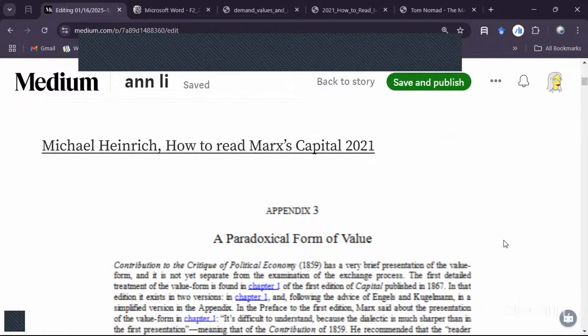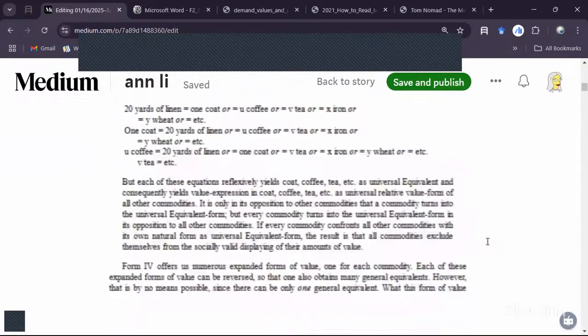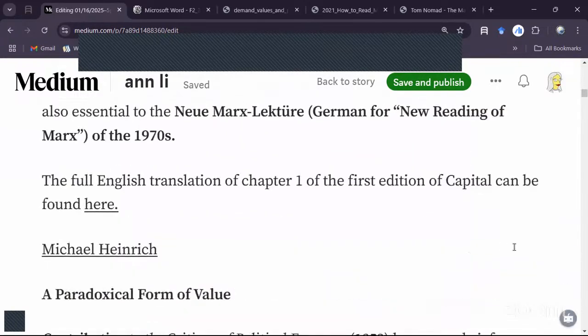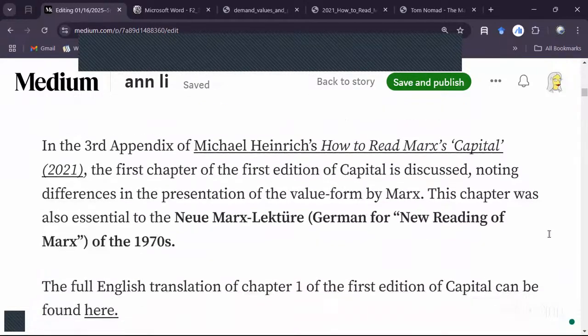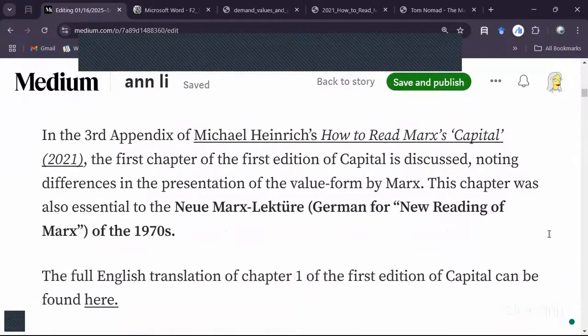So anyway, Michael Heinrich, How to Read Capital, 2021, Appendix 3, and it's not a very long thing. The first chapter of the first edition of Capital is discussed, noting differences in the presentation of the value form by Marx. This chapter was also essential to the Neue Marx-Lektur, that is the new reading of Marx in the 1970s. We've talked about that before.